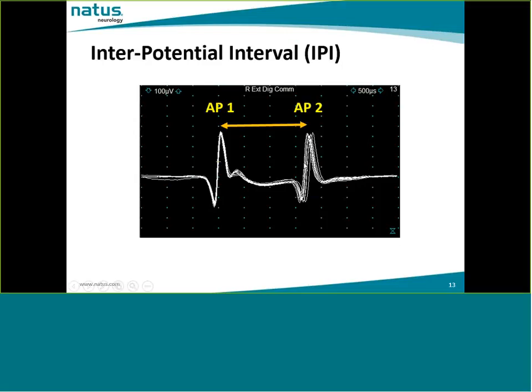This is the second action potential, which is jittering, and its position changes on the screen on successive discharges. The time interval between these two action potentials, AP1 and AP2, is the interpotential interval. Jitter is a measure of this variability in the interpotential interval.